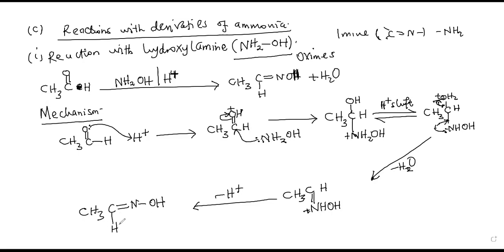This is my product. We said that we lose a water molecule. We form imines with water molecule loss. This is an imine group. So that is how the reaction takes place.